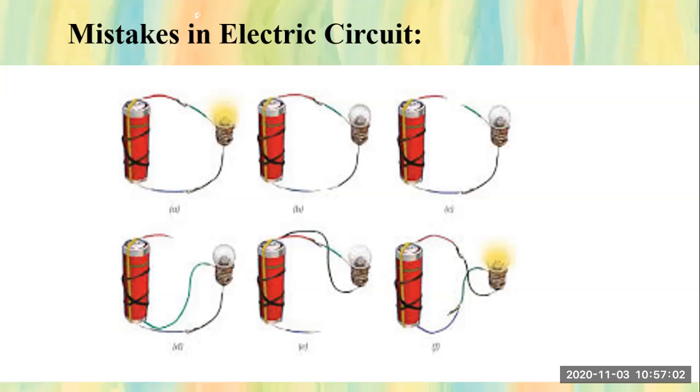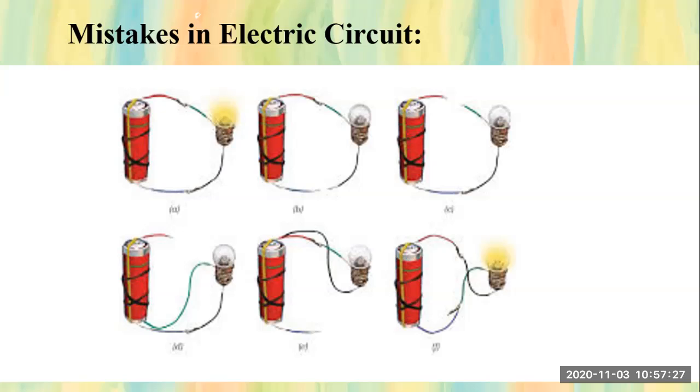Now see the fourth figure, D. Both terminals of the bulb are connected only to the negative terminal of the cell, and the above terminal of the cell is open. This will also not work because the above terminal is open, hence the circuit is incomplete and no current will flow.